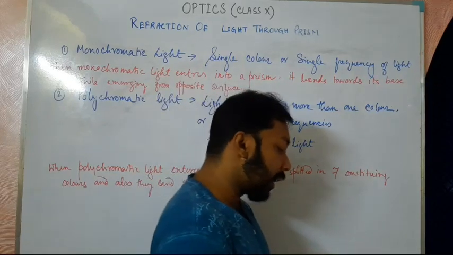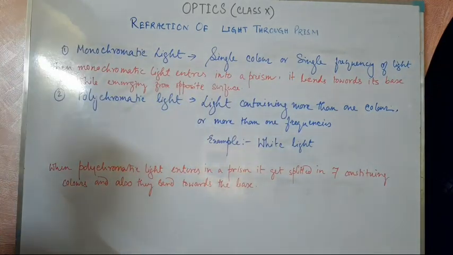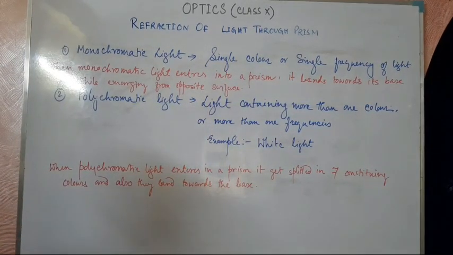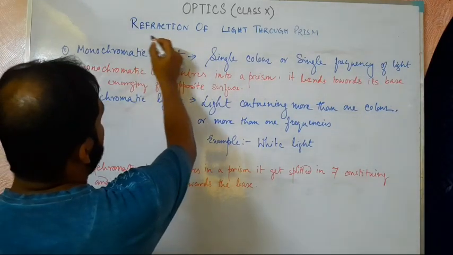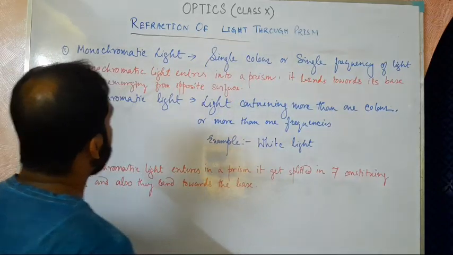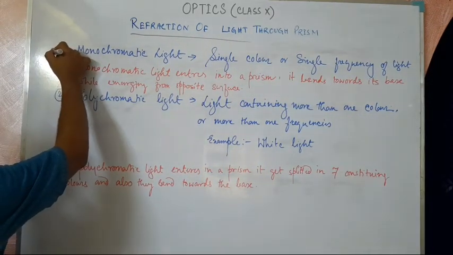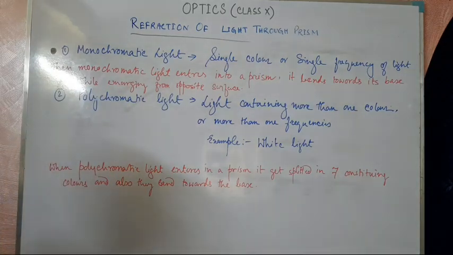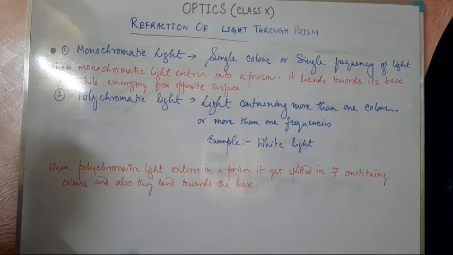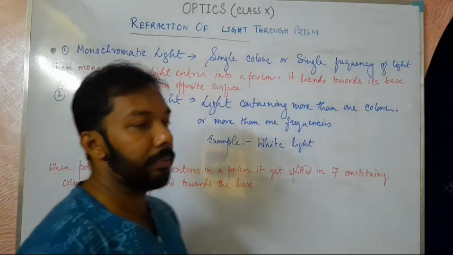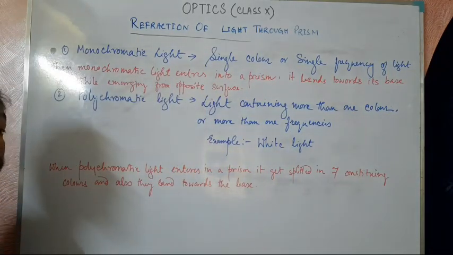But in our syllabus, both are included. But right now, as we are in this chapter, refraction through the prism, we will only learn the monochromatic light entering into a prism. And when polychromatic light enters into a prism, this is called dispersion of light.